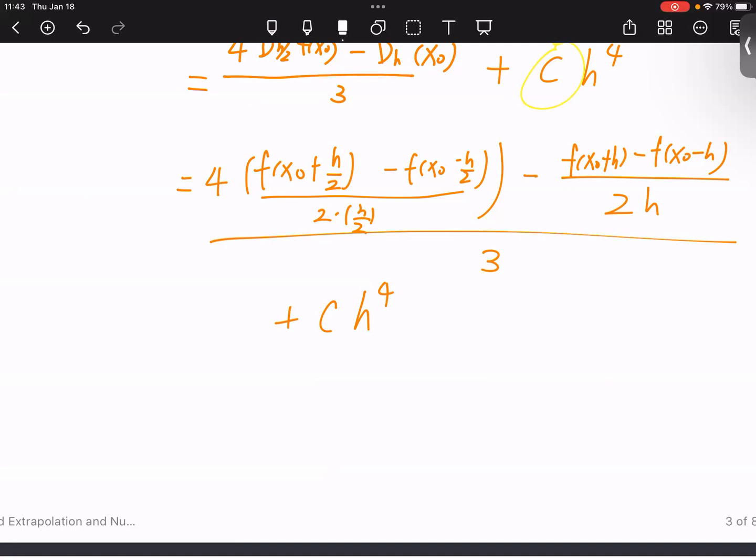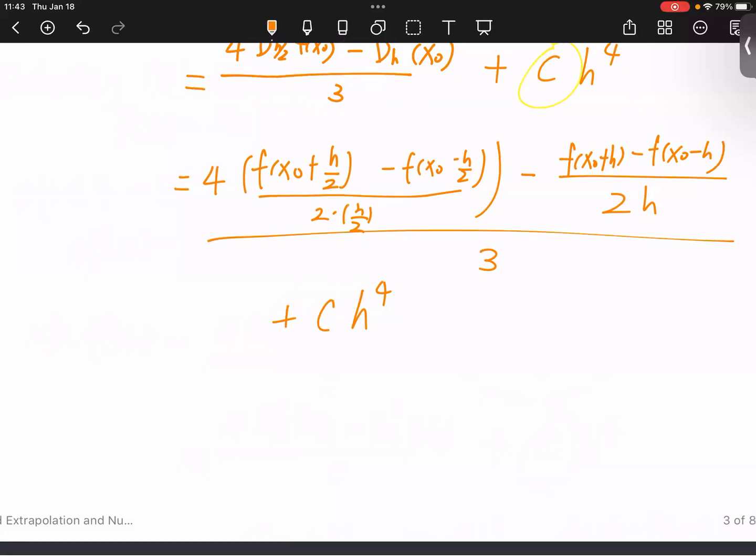Then for the center difference formula, we have second order accuracy, and this time we are still using two data points, right? But we have second order accuracy. And let's see, for here we have 4 data points.